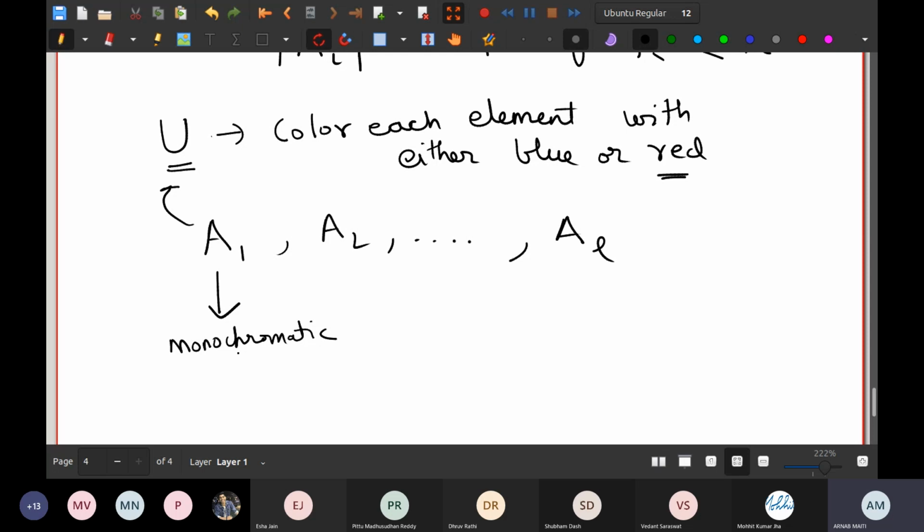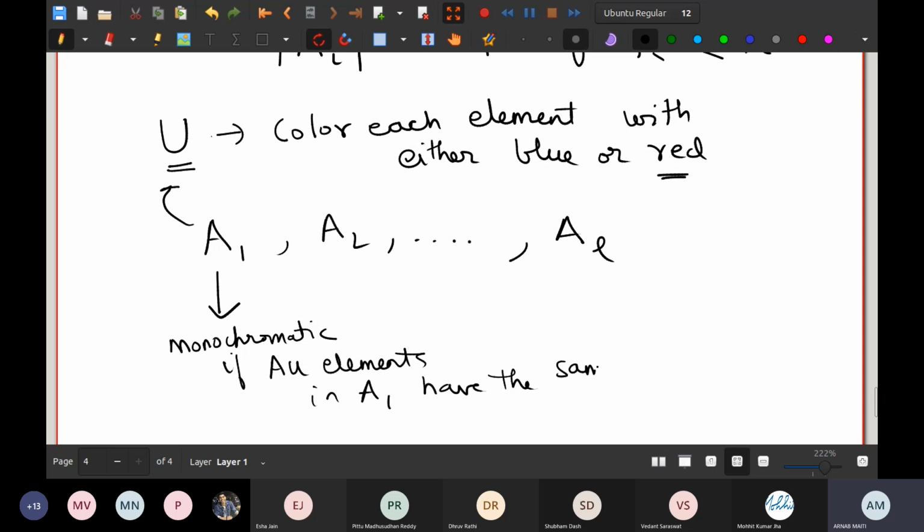Okay, so A_i is monochromatic if all elements in A_i have the same color. So this is the definition of monochromatic. Okay, now we choose one particular coloring.